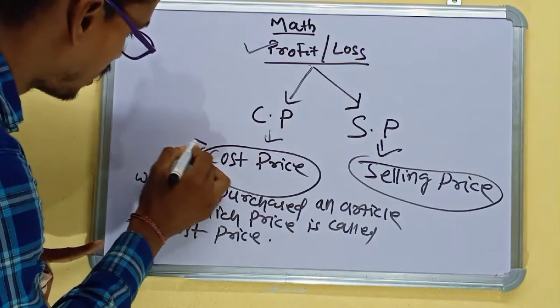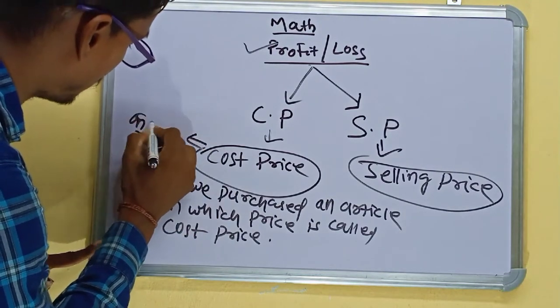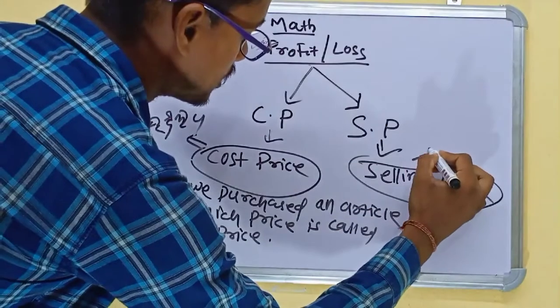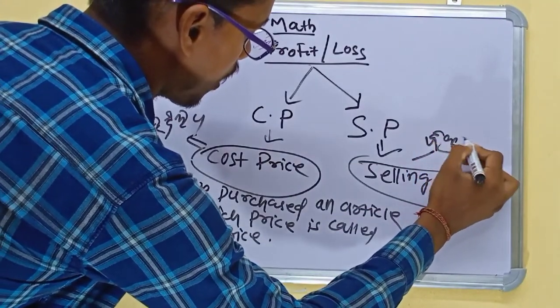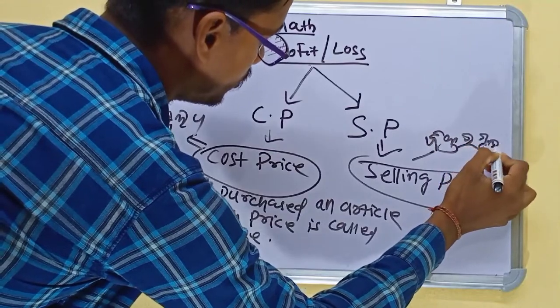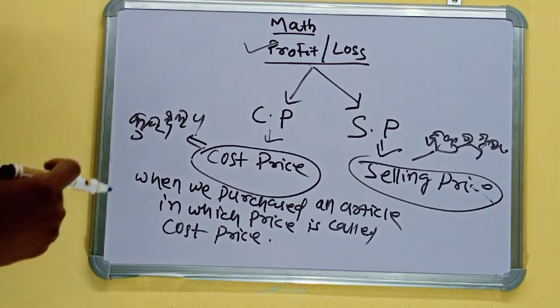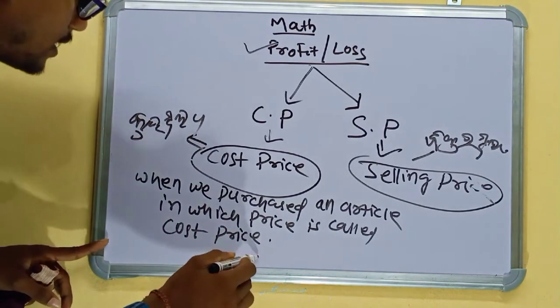Cost price is क्रय मूल्य. Selling price is विक्रय मूल्य. Then what is cost price? When we purchase an article, the price is called cost price.